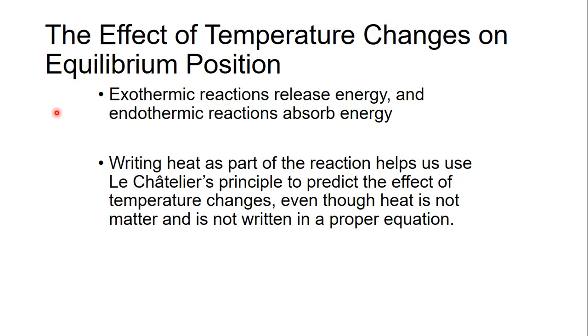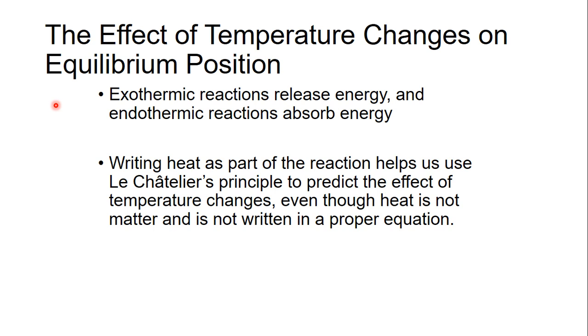In this video, we're going to look at how changing temperature affects our change in equilibrium position. The way to think about this is to first remember what it means to be exothermic and endothermic. An exothermic reaction will release heat.